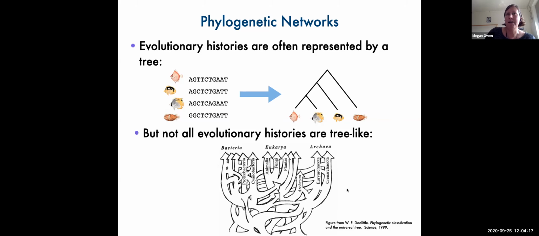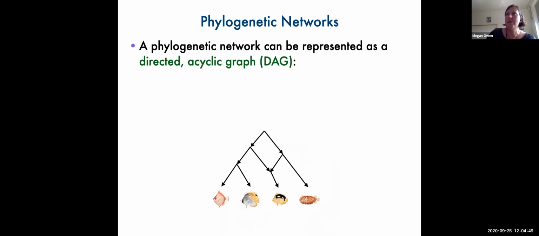But for things like bacteria, and also some plants and some animals, you don't actually want a tree, because the evolutionary history is more complicated. You have things like bacteria eating other bacteria and absorbing their DNA into their own DNA, or hybridization, say with plants. In that case, you represent your evolutionary history as a phylogenetic network, so it's no longer a tree.